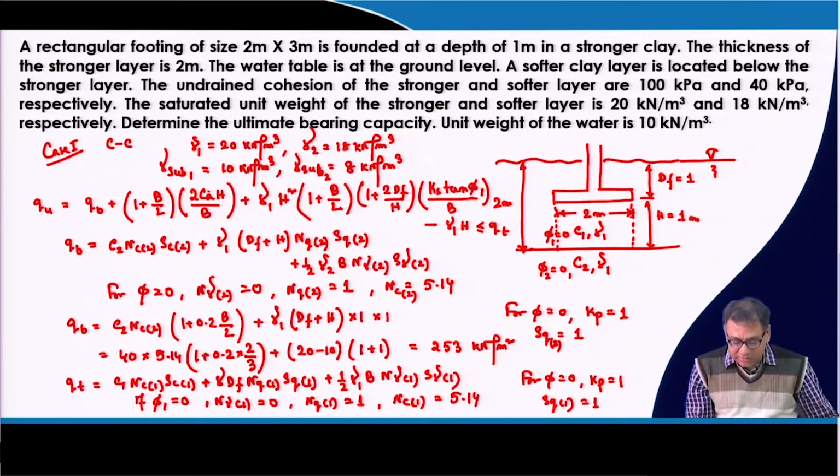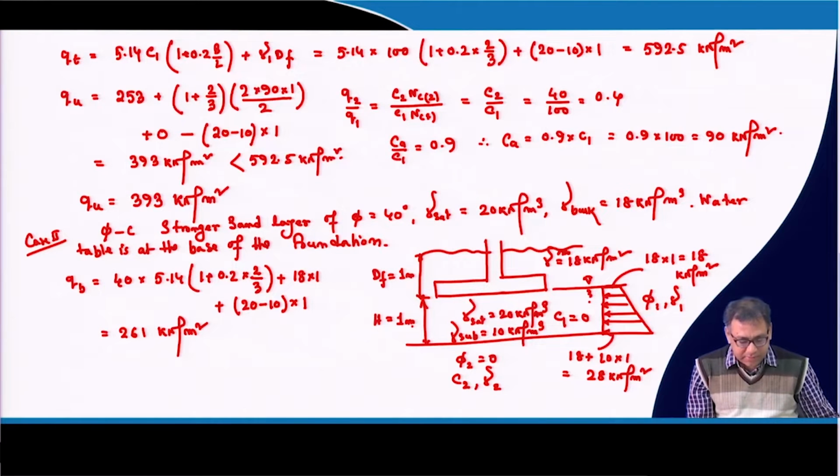And I got the ultimate bearing capacity as 393 kilonewton per meter square. Then in the second case, the top layer is a stronger sand layer and the bottom layer is the same soft, weaker layer with a C value of 40 kPa.